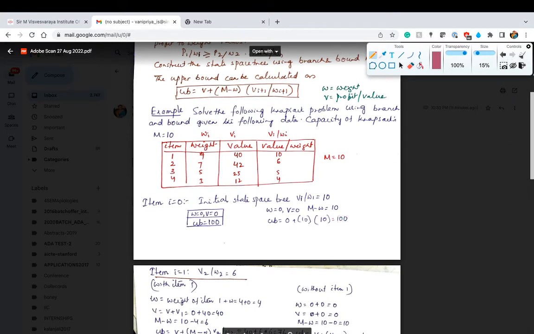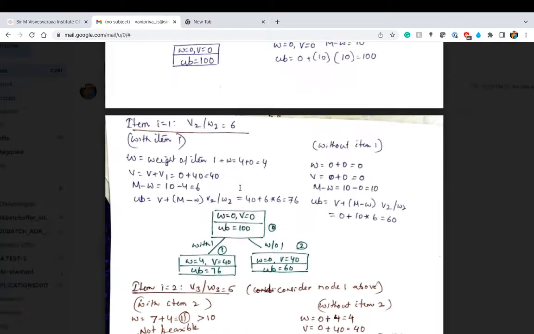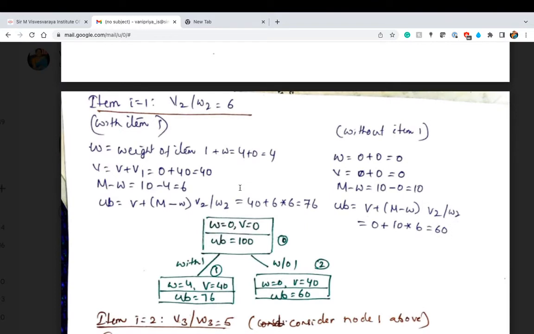Okay, next. We go with the next item. That means we are going to consider the first item here. As we have seen in the subset of items, each node in the state space tree has two branches. The left branch is after inclusion of the item, the right branch is excluding that item.